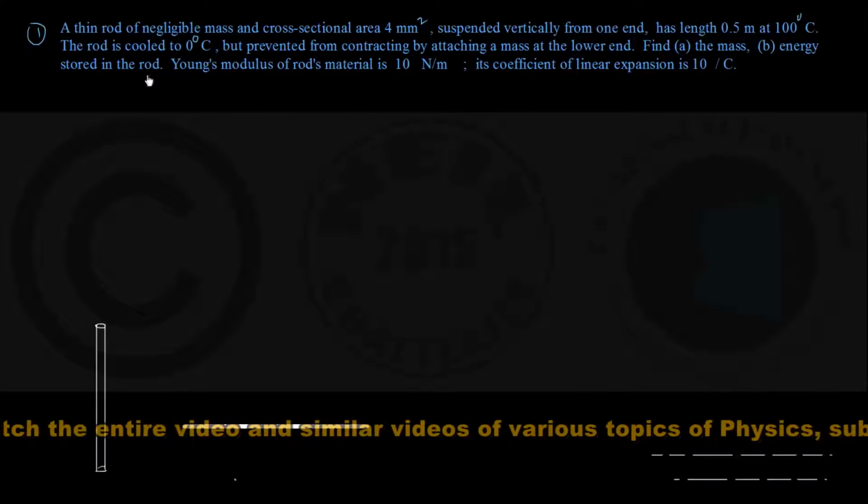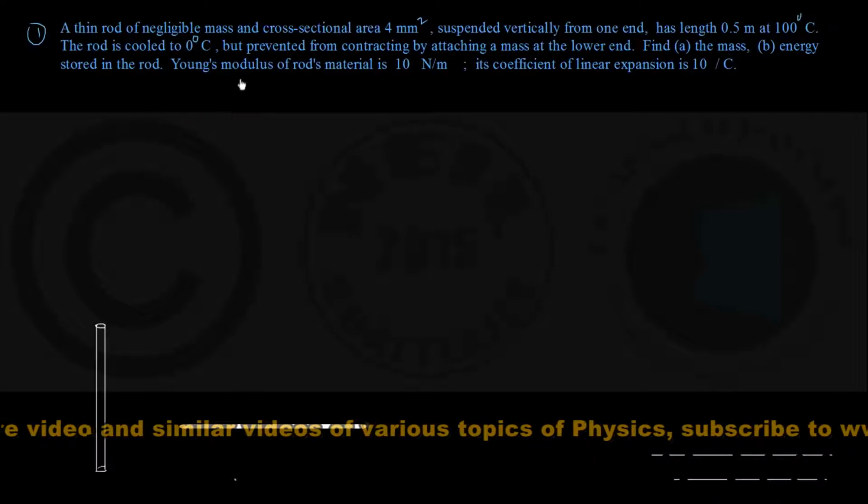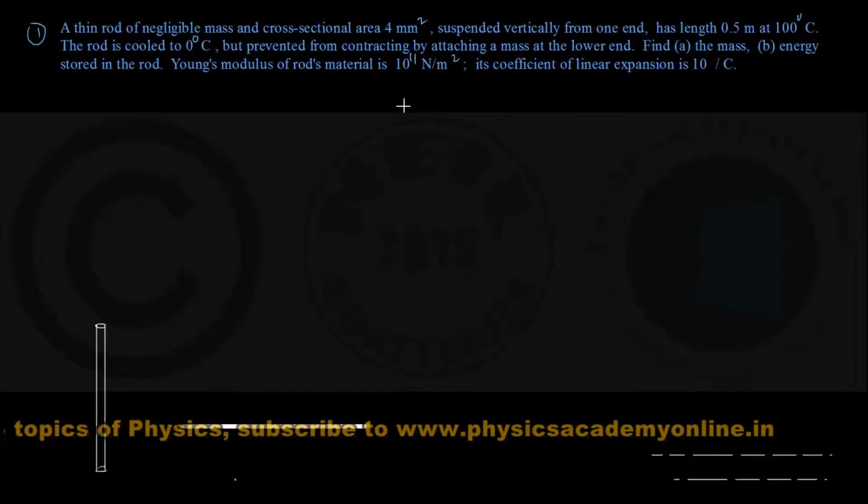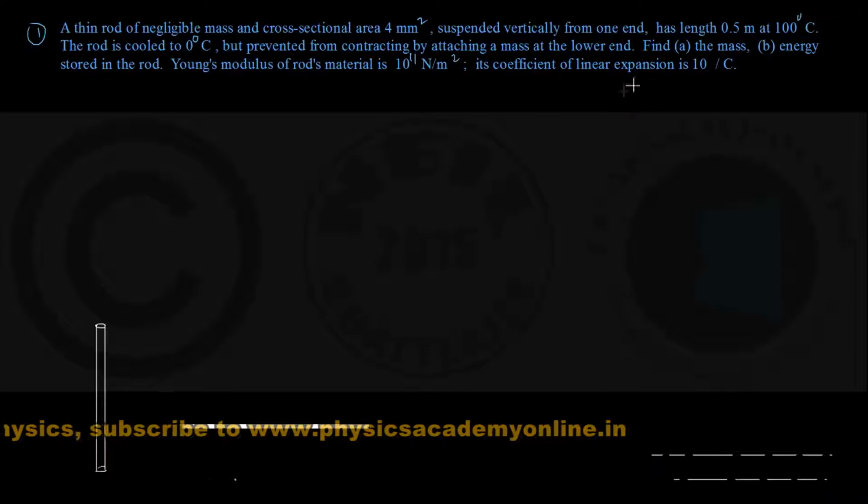Find in part A the mass, part B the energy stored in the rod. Young's modulus of the rod's material is 10 to the power 11 Newton per meter square, and its coefficient of linear expansion is 10 to the power minus 5 per degree Celsius.